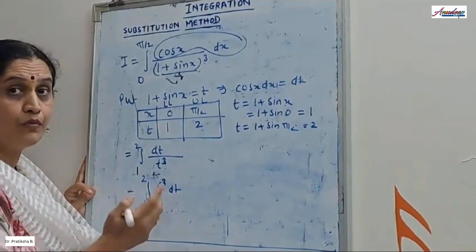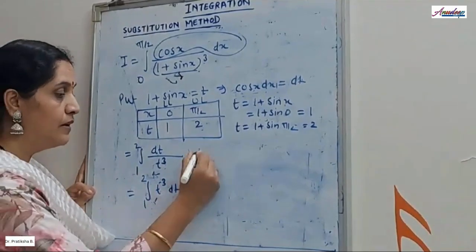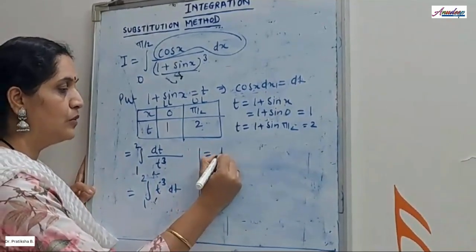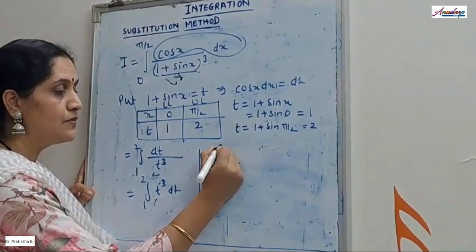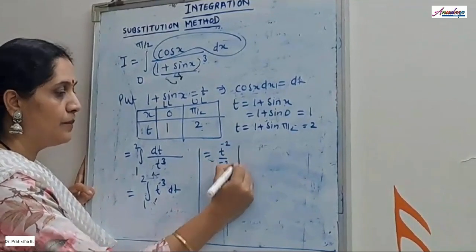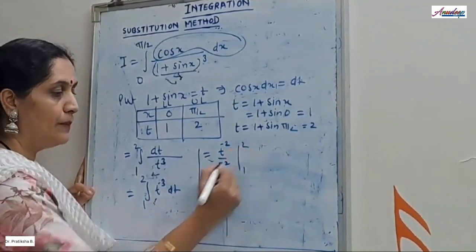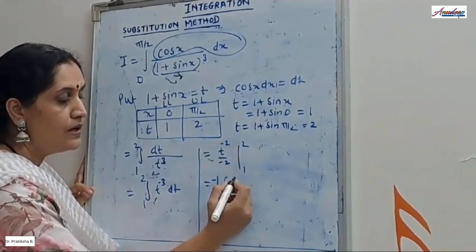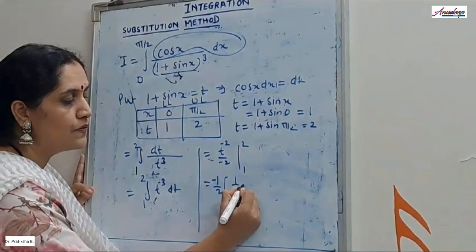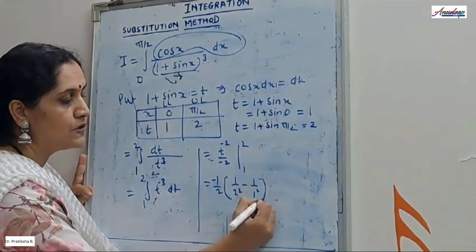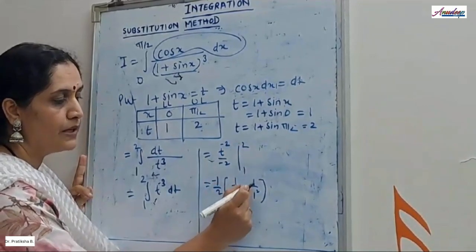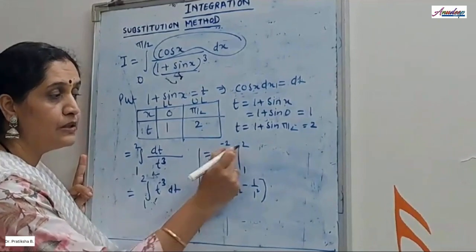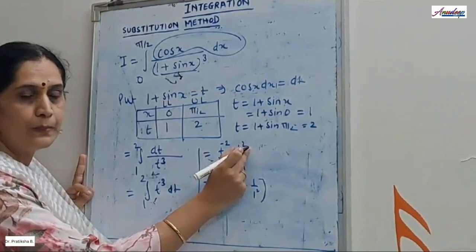And when I apply the standard formula for x raised to n, that gives me t raised to minus 3 plus 1, that is minus 2, upon minus 2, and the limits that I have to apply. So minus 1 by 2, I can keep it outside, and it will be 1 upon 2 square minus 1 upon 1 square. So 2 is my upper limit minus the lower limit. Wherever there is a variable, you replace it with the number.